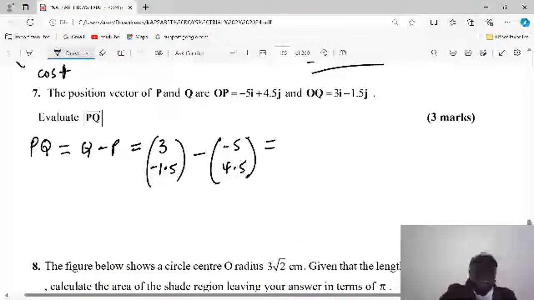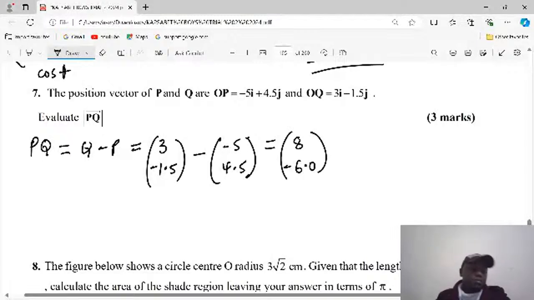When we take 3 minus negative 5, it becomes 3 plus 5, and this will take us to 8. When we have negative 1.5 minus 4.5, that will take us to negative 6.0. This is now the column vector PQ.